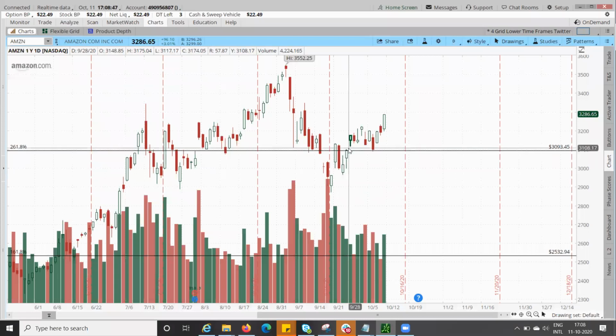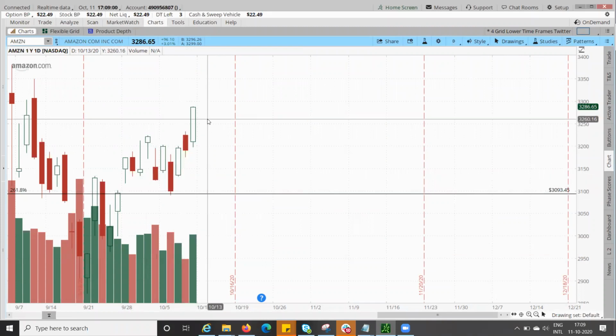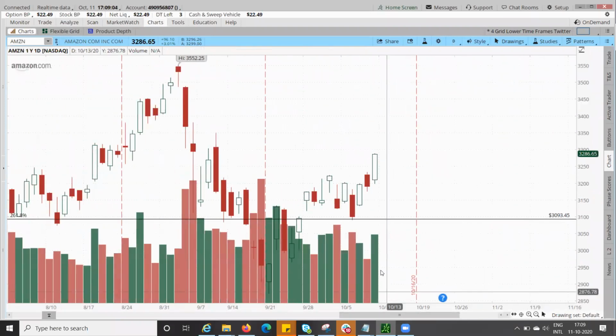There was a gap, this one. So for this stock, the gap was filled, and as soon as the gap was filled, boom, boom, boom. Okay, so that's the gap we could have entered then. Yes.